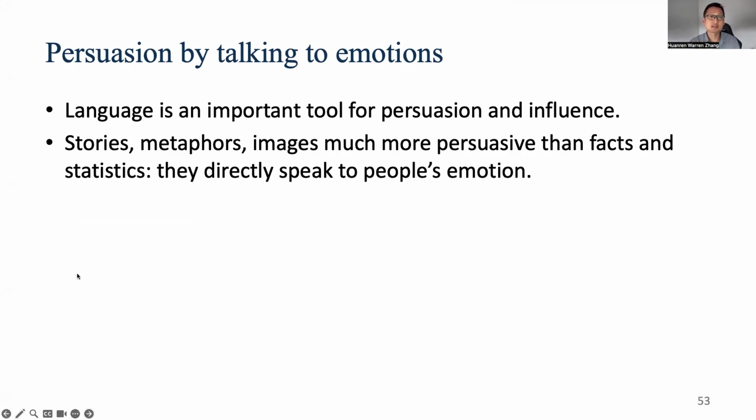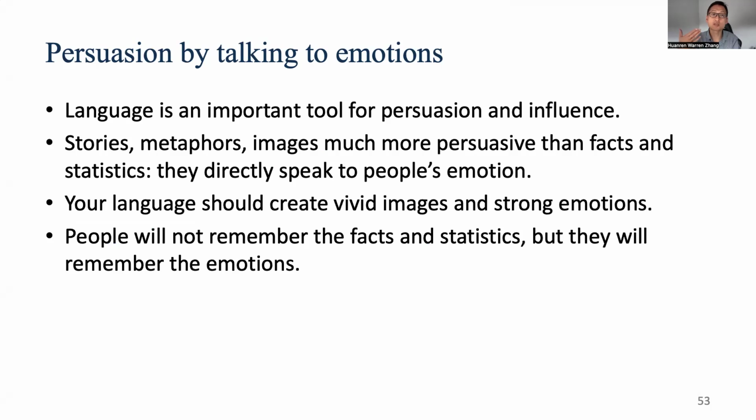So language is an important tool for persuasion and influence. And you can see that stories, metaphors, images are much more persuasive than facts and statistics because stories, metaphors, images are easy for System 1 to process and they can directly speak to people's emotion.